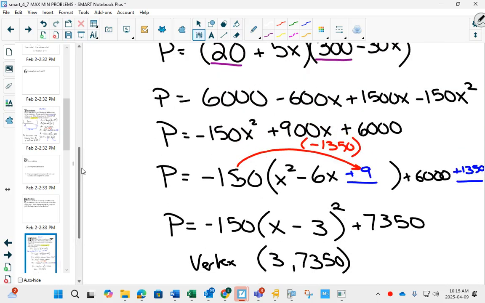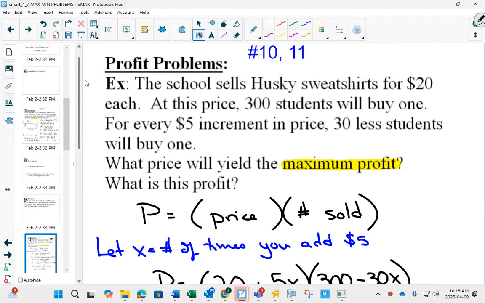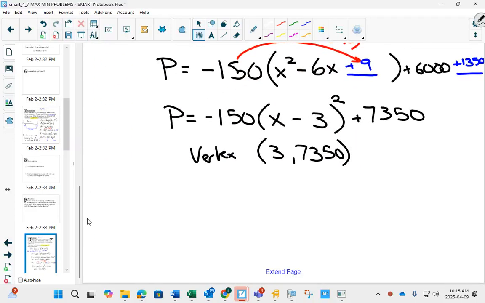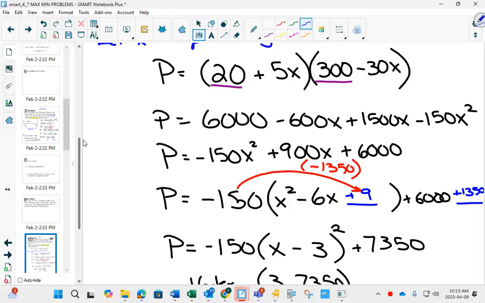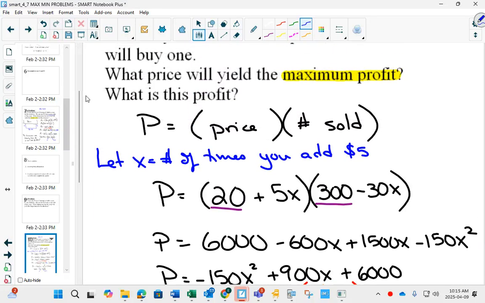What did the question ask? What price? Is this the price? No, this is X. This is the maximum. But that's X. So we have to think, what did X stand for? How much you're adding to the cost.